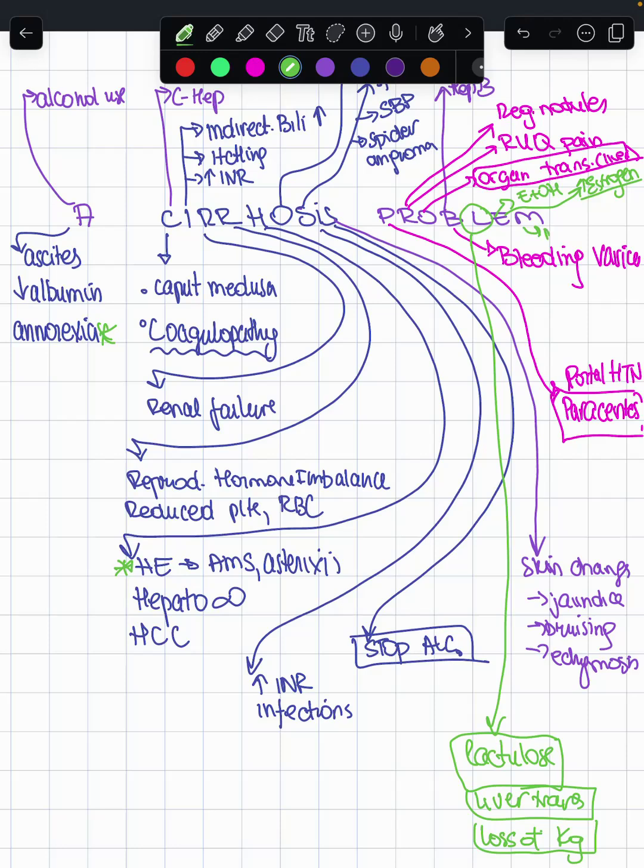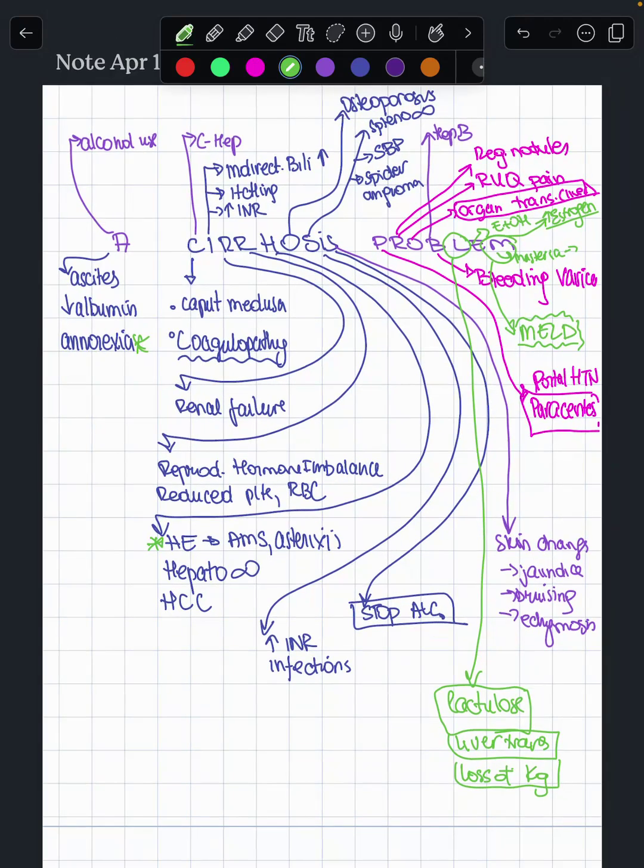So mastia, this is gynecomastia, and specifically for males, this will present as enlarged breasts. Okay, and then also M will stand for MELD score. MELD score is something that we will take into account when we are considering whether this patient will get a liver transplant.